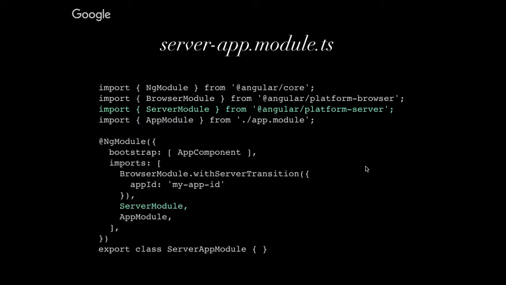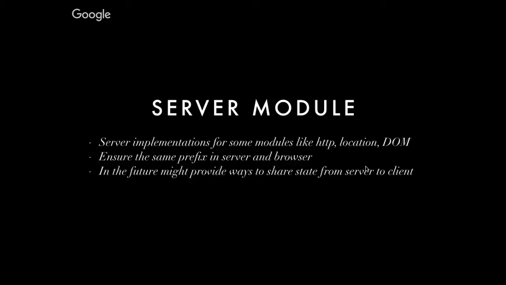The server module also does some other things, like providing some implementation for HTTP, for example, or location, things that work differently on the browser and on the server, and the server module handles that. So you just use the HTTP module just like you use it normally. You don't have to do anything. This server module is the one that's going to handle the implementation details for the server, so that you don't have to change anything.